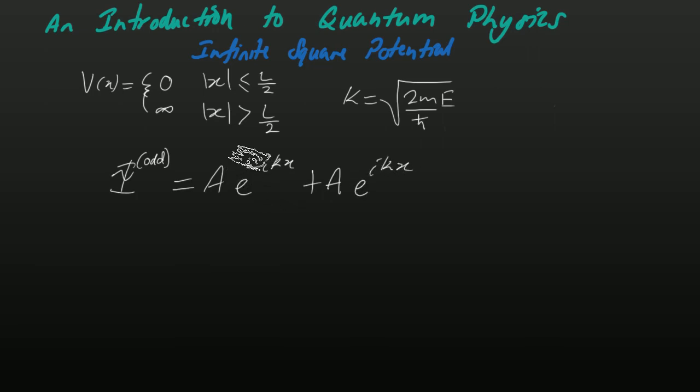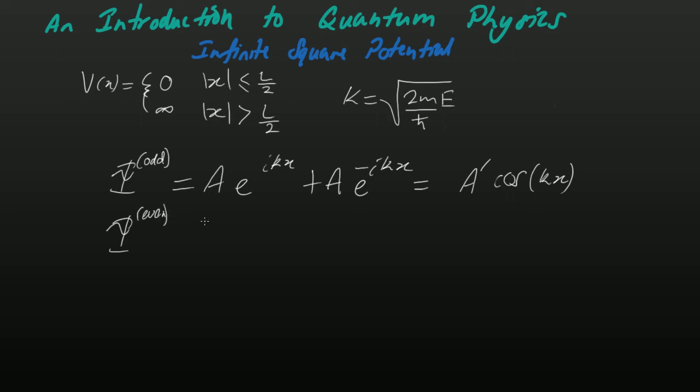Oh, why did I write it around that way? Let's do it this way. Yeah, that looks better. And again, by Euler's formula, we'll get that that's equal to 2A cos kx. And we'll make that one nice constant.